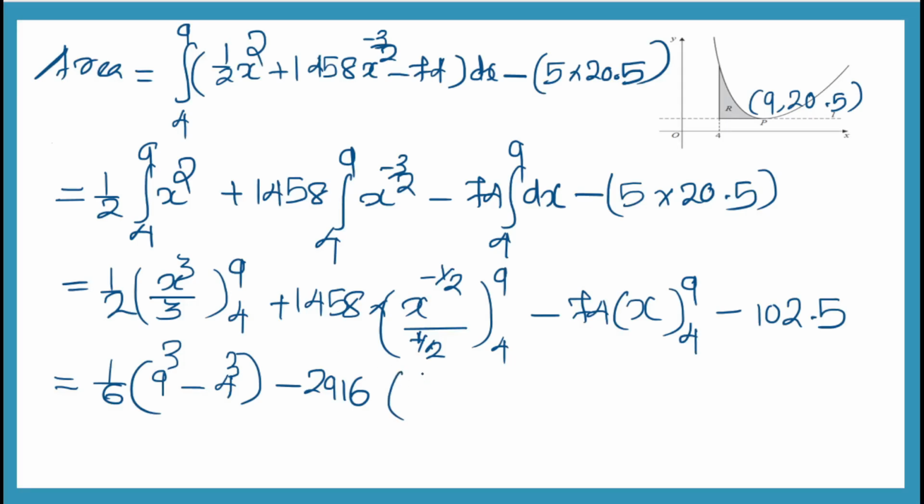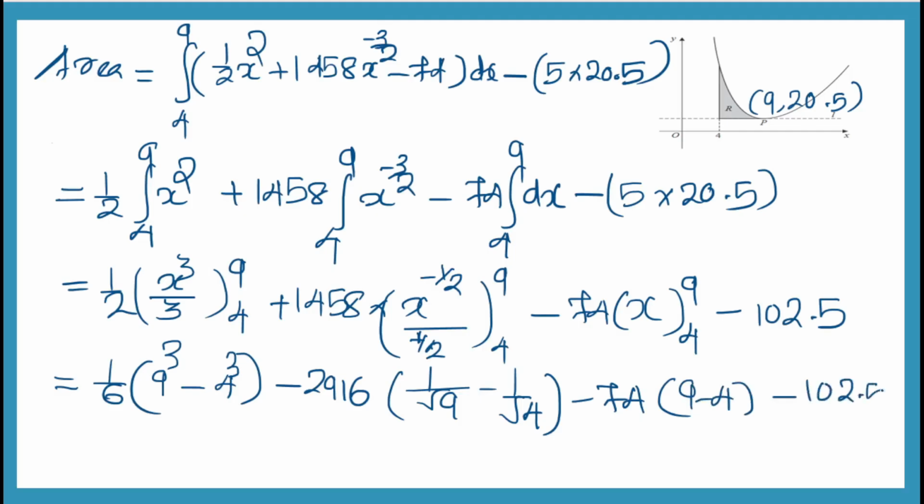In applying limiting values, we got 1 by root 9 minus 1 by root 4, minus 74 times 9 minus 4, minus 102.5, that equals 226.8 minus 102.5, that equals 124.3.